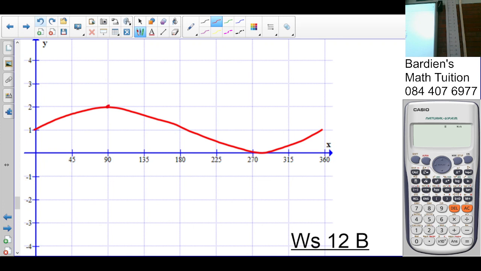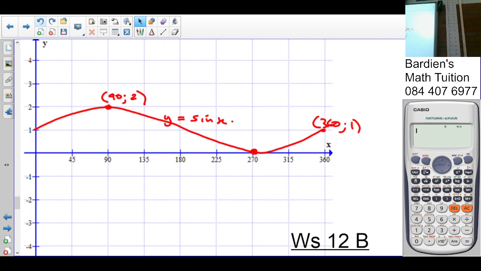But importantly, we write in the turning points and the end point. That is 270. And this is your 360. And this is your y equals sine of x. Okay, you all agree with that?